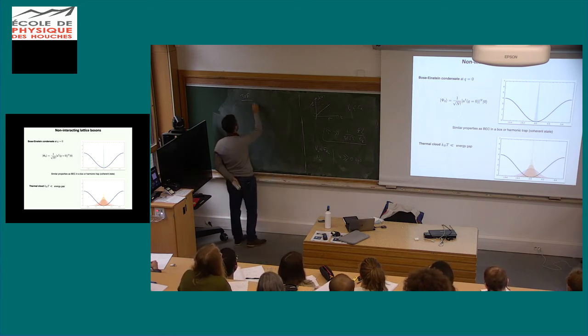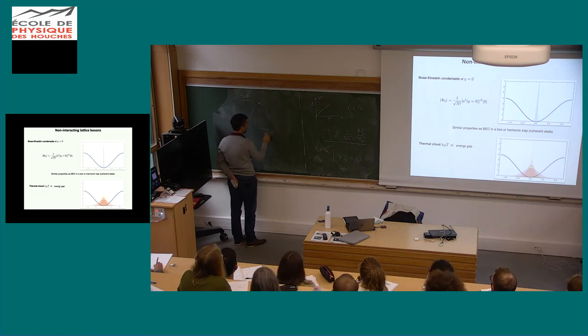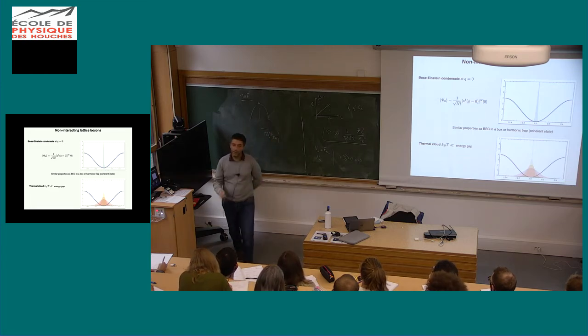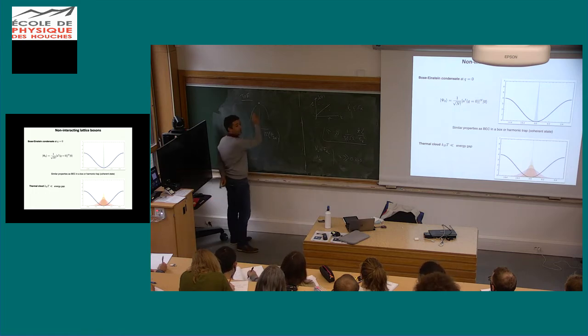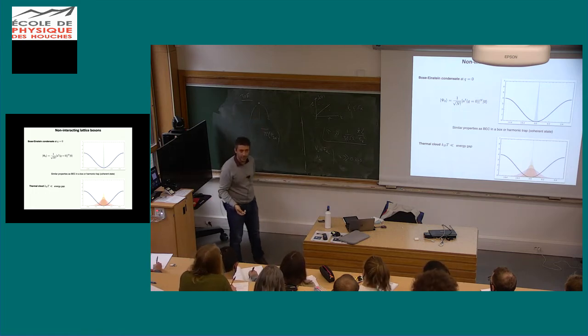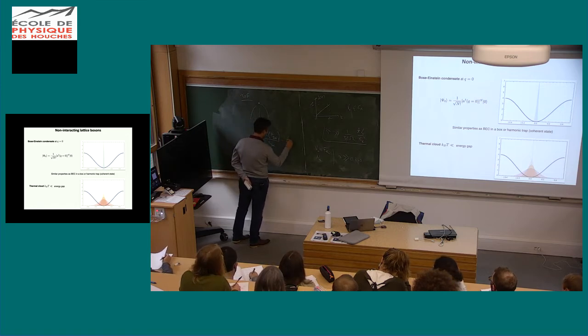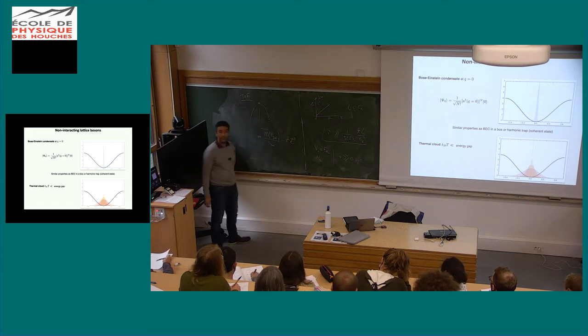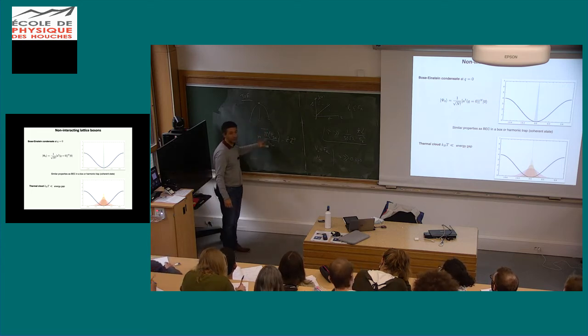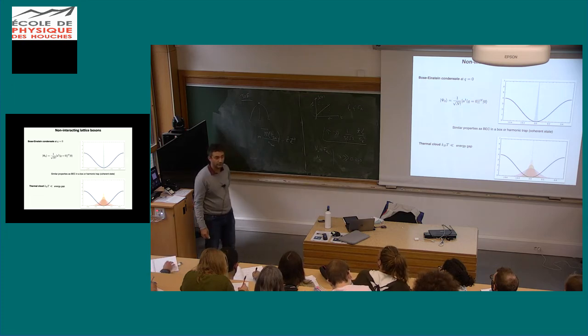You know that in time of flight, the idea is you have your gas, you let the atoms fall, and you measure a position after the time of flight, which, if this position is much larger than the initial extent of the gas, will reflect the initial velocity of the atoms. You use a ballistic relation: r divided by t_of is a velocity, times m, equal to h bar k. So you get the momentum k from measuring the position after a given time of flight t_of. Okay? You are all familiar with that.